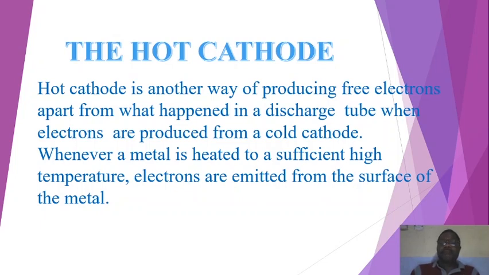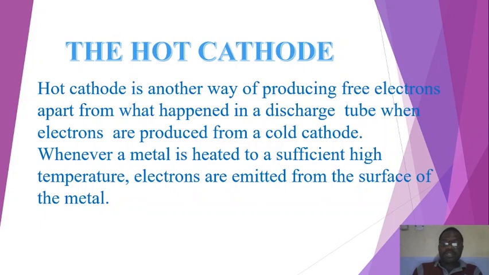So apart from what happened in the discharge tube, you know in discharge tube, electrons are produced from cold cathode. What we just did there was applying a very high voltage and a very low pressure to produce the stream of electrons. That one is called cold cathode. So here we are looking at a hot cathode.